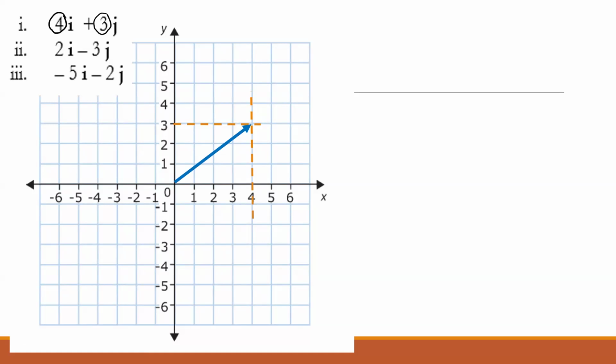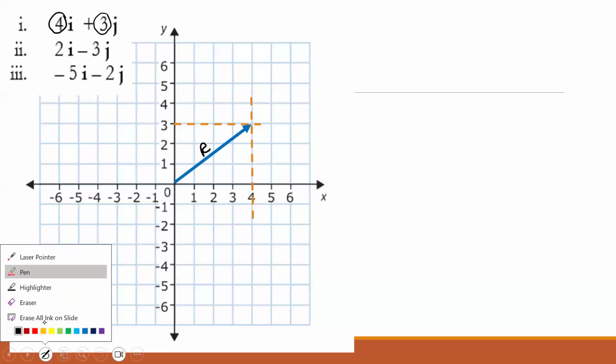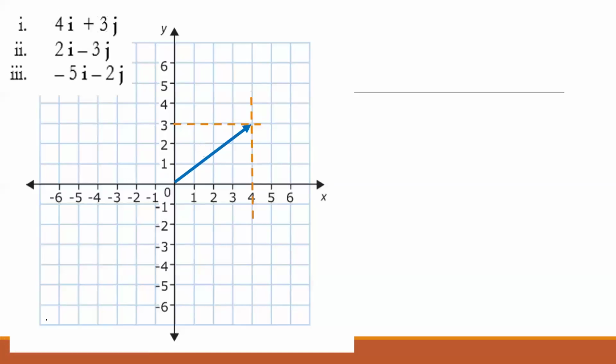Now we can find the resultant or the magnitude of this vector. This side is 4 and this side is 3, so you can apply the Pythagoras theorem to find this diagonal length, which is the square root of 4 squared plus 3 squared.